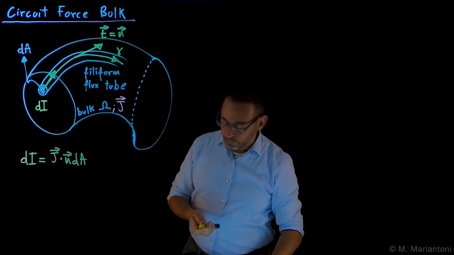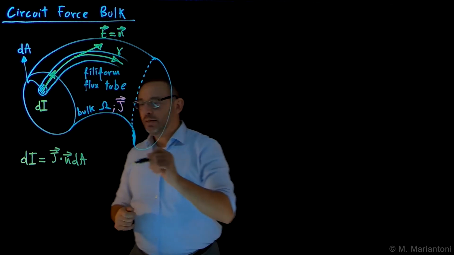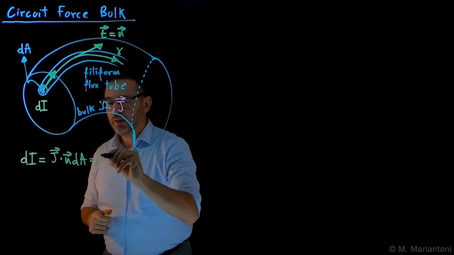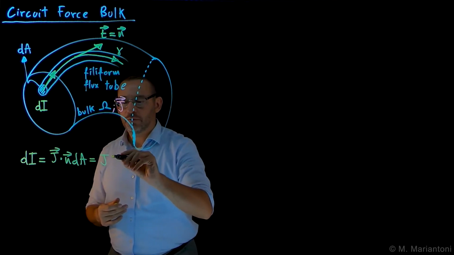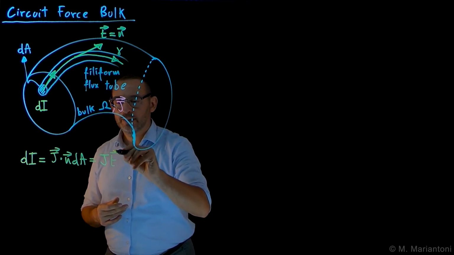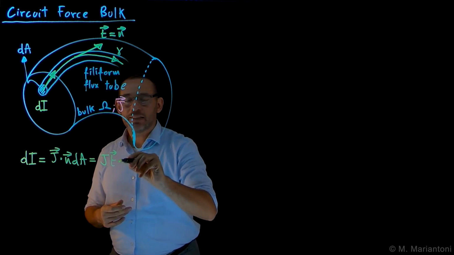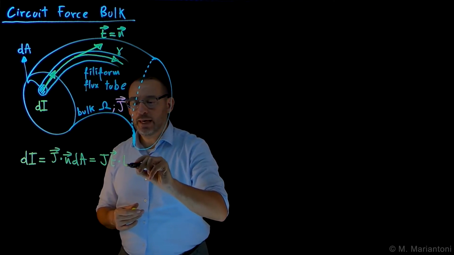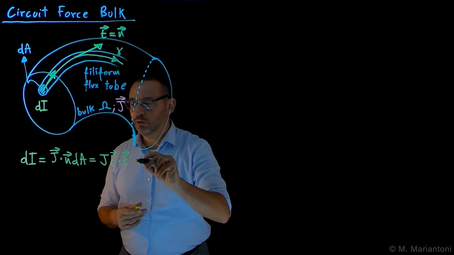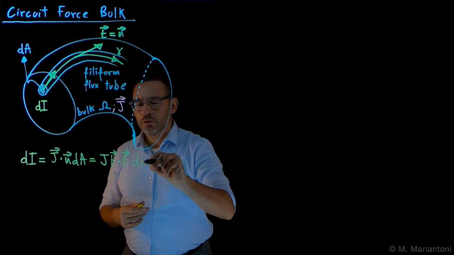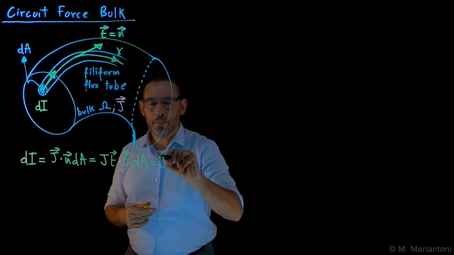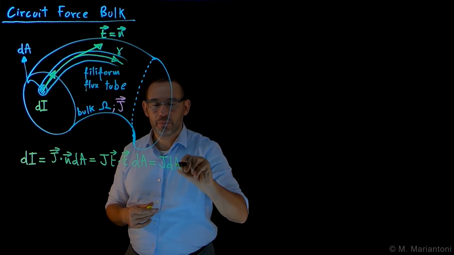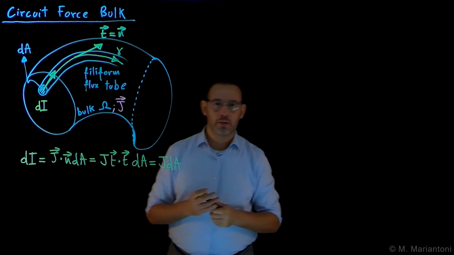So T is also the direction of J. So we can rewrite this as J magnitude times its direction, which clearly is that of the flux tube gamma, that is T. This has to be dotted with n, but n is nothing but T again. We have done this already in 242, times dA. So finally, what we find is that dI is nothing but J magnitude times dA. Okay, definition of flux tube.